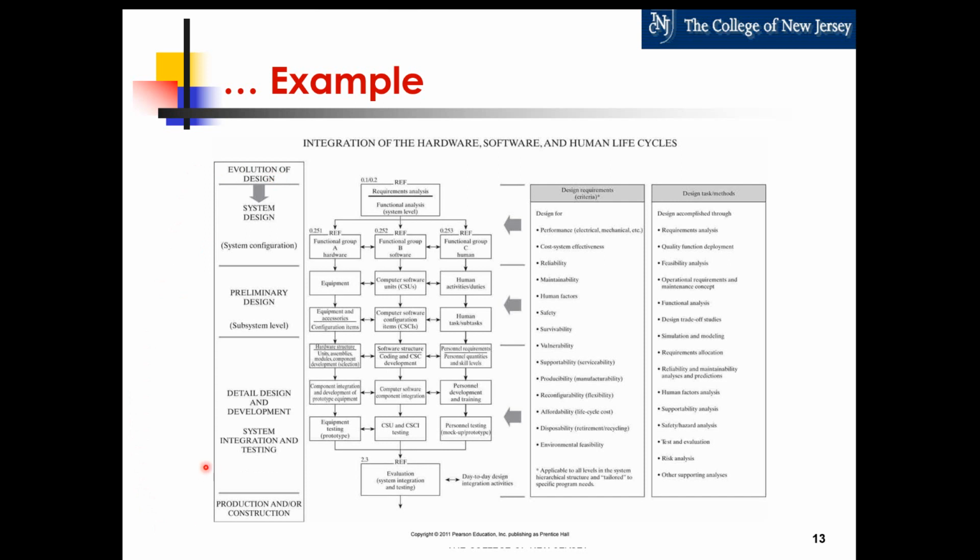It's an example of the evolution of the design, from system design, the preliminary design at the subsystem level that we're talking about, and then later on in chapter 5 we'll discuss the detailed design and development, and system integration and testing, including validation and tests, in chapter 6. But do spend time, and again, the assumption for me is that you're reading the book, because that's something you should be doing. But I'm highlighting this as an important diagram to study in chapter 4.